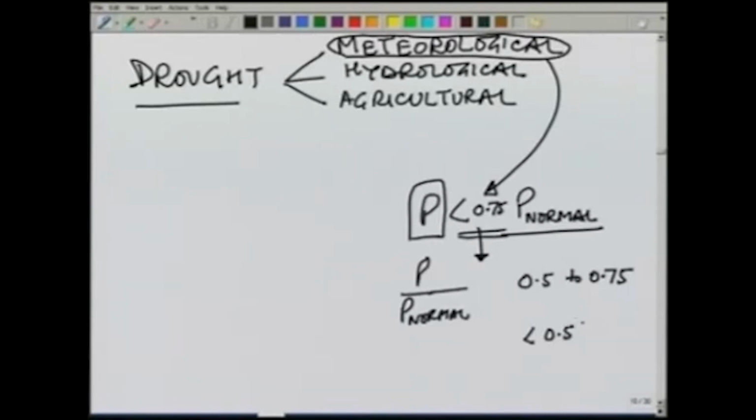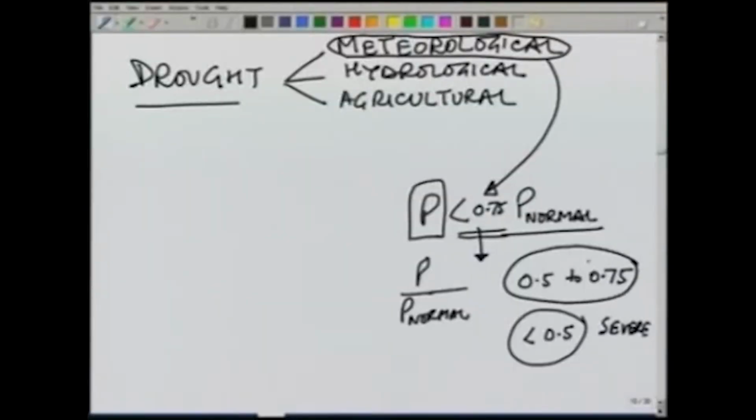So, below 0.5 would be a severe drought, indicating that the rainfall in that particular year is less than half of what is normally expected in that area. And up to a 25% deficiency, or up to 75% of rainfall, so 50 to 75%, we can call a moderate drought.